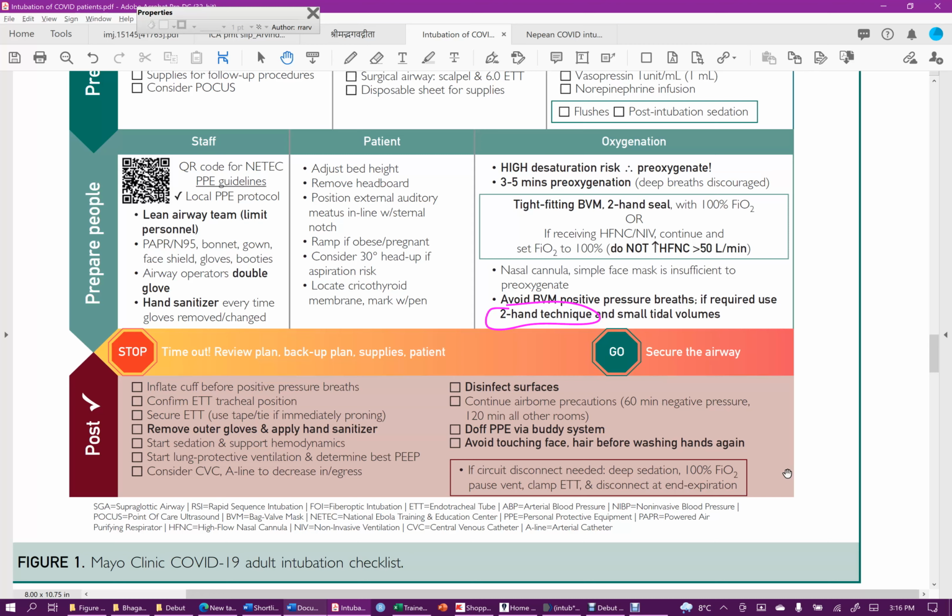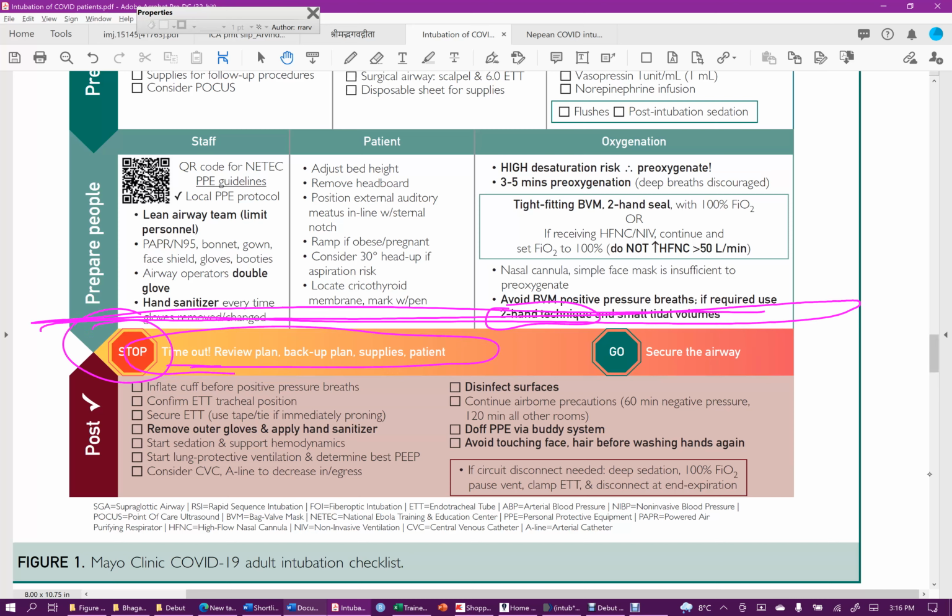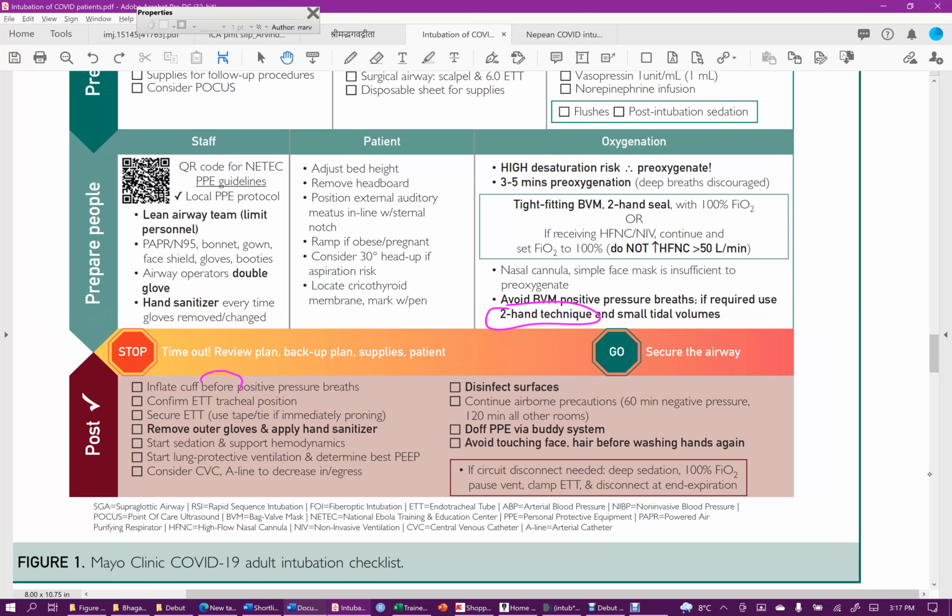Right. This is all the preparation. You stop, review the plan with everybody, and then you go into the room to secure the airway. Once you have secured the airway, before the positive pressure breath, you inflate the cuff and attach the capnograph, the EtCO2 waveform.